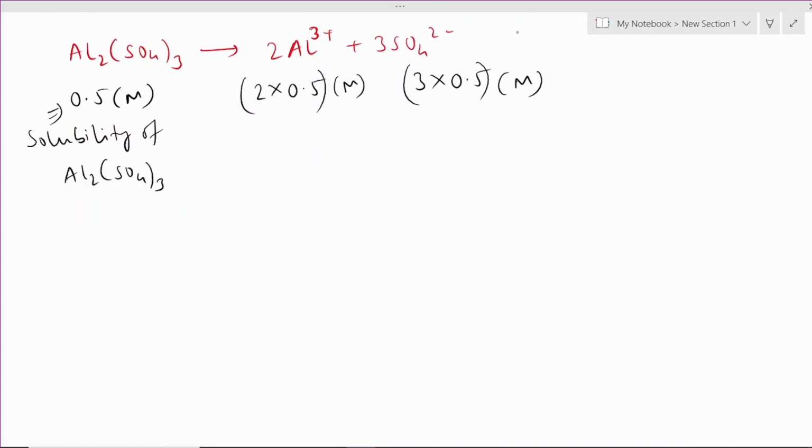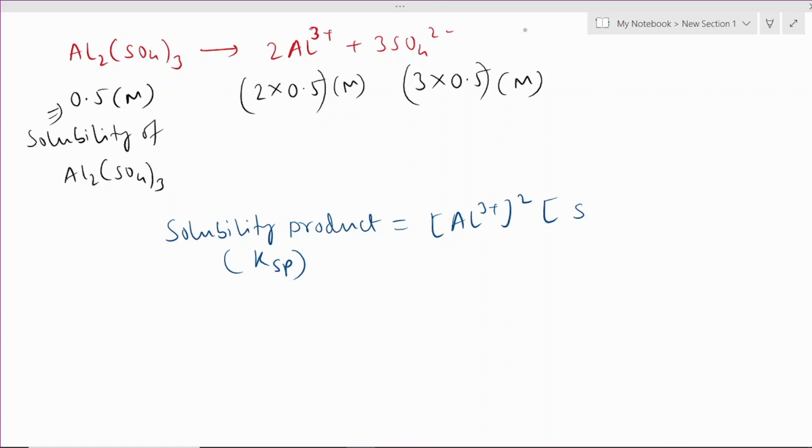Now, the solubility product, or Ksp, is the concentration of Al3+ squared into the concentration of sulfate ion cubed. Previously we said that while finding the solubility product we have to take the coefficient as the power.